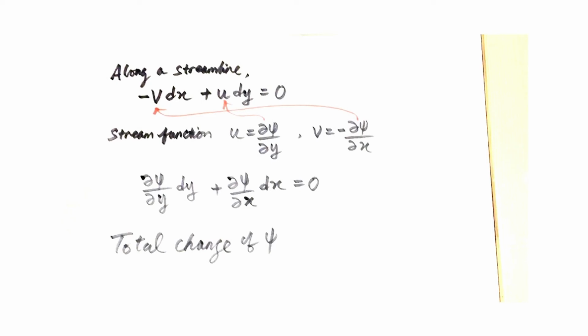So when it multiplies with the dx, means the second term here is the change of psi in the x direction. Therefore, the sum of these two terms is the total change in psi along the streamline, and is equal to 0, which means there's no change in the value of psi along a streamline.